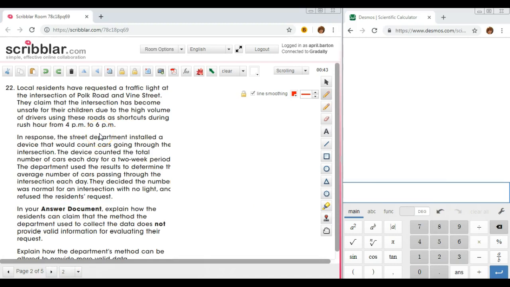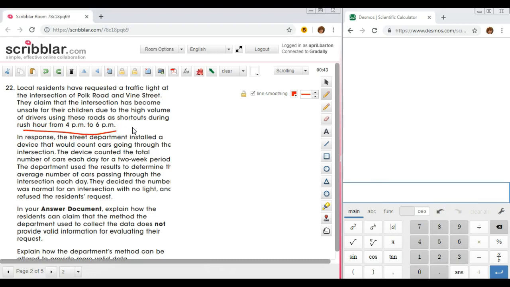Question 22. Local residents have requested a traffic light at the intersection of Polk Road and Vine Street. They claim that the intersection has become unsafe for their children due to the high volume of drivers using the roads as shortcuts during rush hour from 4 to 6 p.m. So there's some key piece of information that rush hour is from 4 to 6.